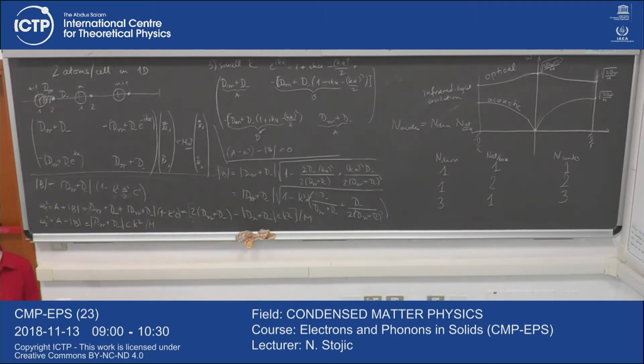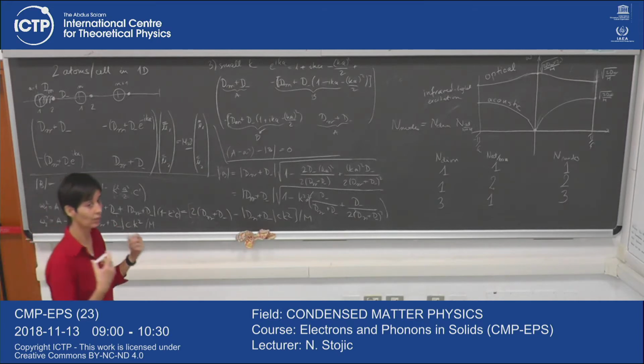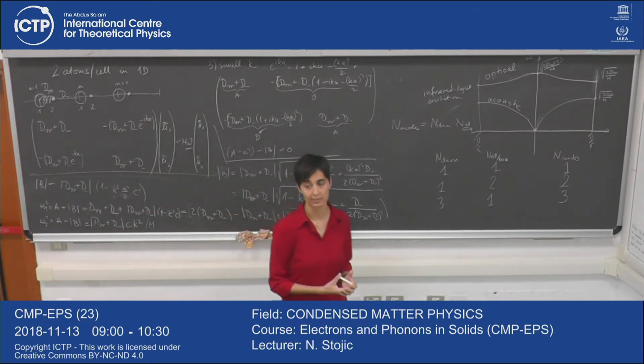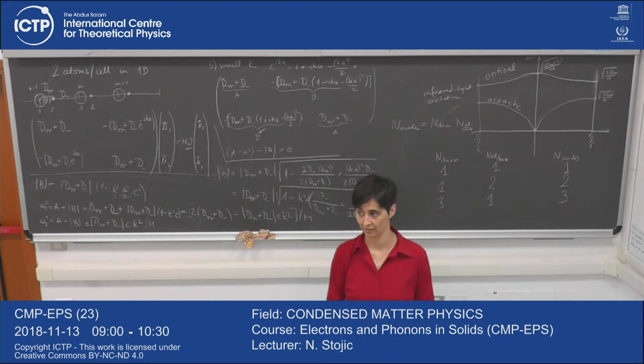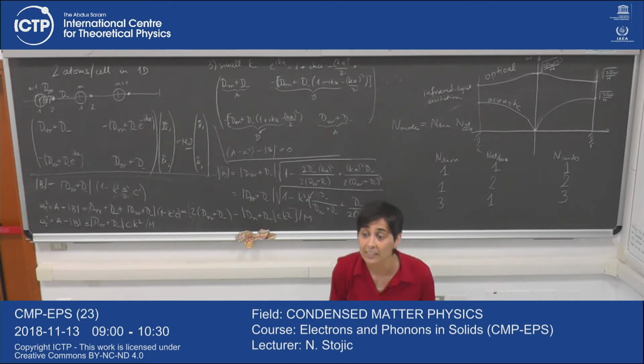And tell me, how many acoustic modes will a crystal have? How many acoustic modes can a crystal have? Depends on the number of degrees of freedom. Partially true. What is an acoustic mode?